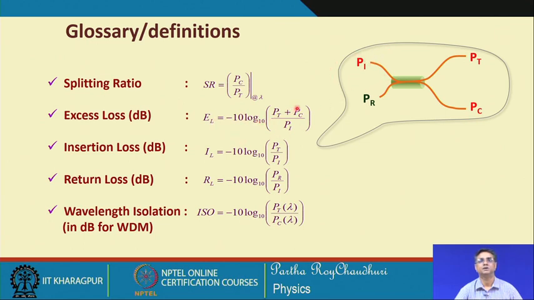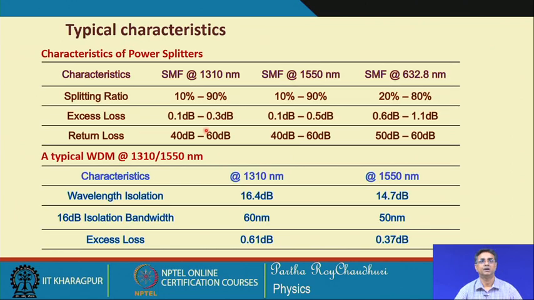Insertion loss is the loss along one particular path, that is either PC or PT. Then return loss: a part of the light will be reflected because of Rayleigh scattering, imperfection and other things. And then wavelength isolation, which is true for the WDM system, we will shortly discuss.